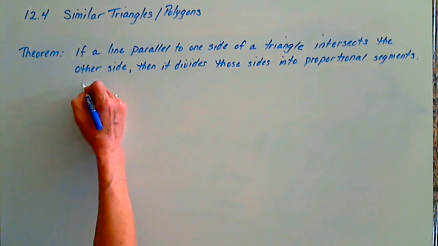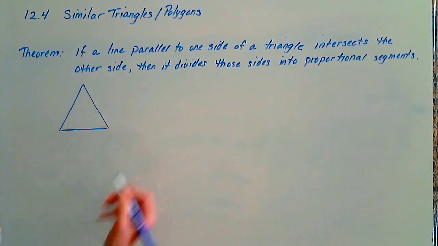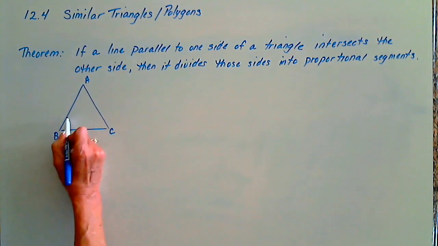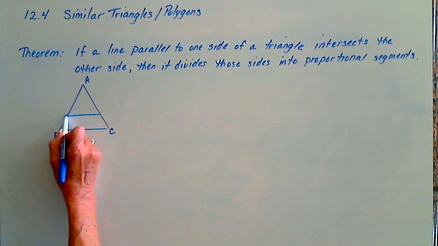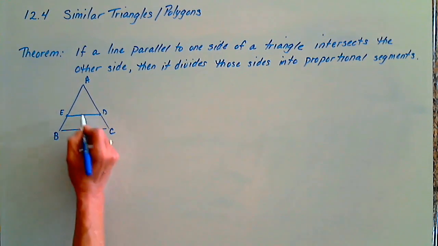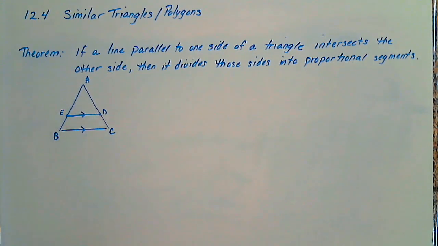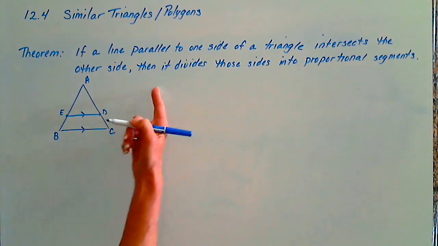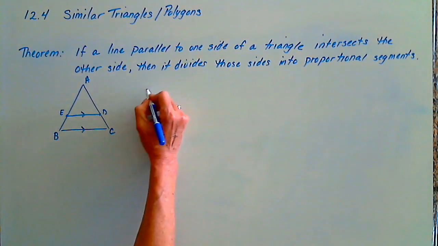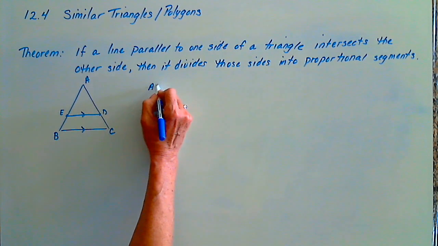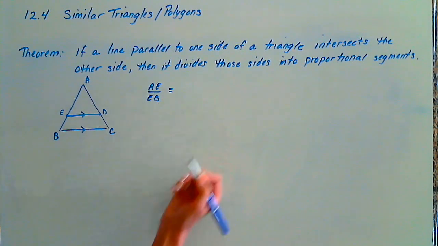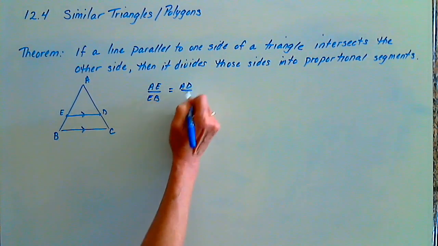So, for example, if I have a triangle, and again, I'm going to call it triangle ABC, and if I tell you that this segment that goes from point E to point D is parallel to side BC, then I automatically know, according to this theorem, that it divides this proportionally, meaning that line segment AE is to EB as AD is to DC.